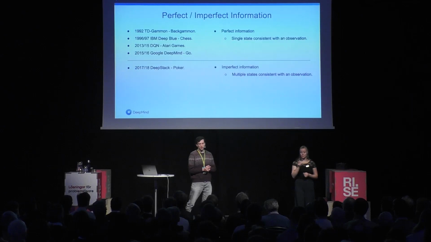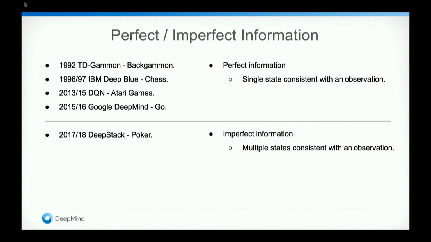Okay, now let's have a closer look at the games mentioned up there. And as I promised, this will be a story of search. So let's have a look what the search is and why it's important for games. So on this slide, as you can see, suddenly I separated the games into two categories. The first category, that's the category up until 2016, where we had the amazing result where we were able to beat humans in Go.